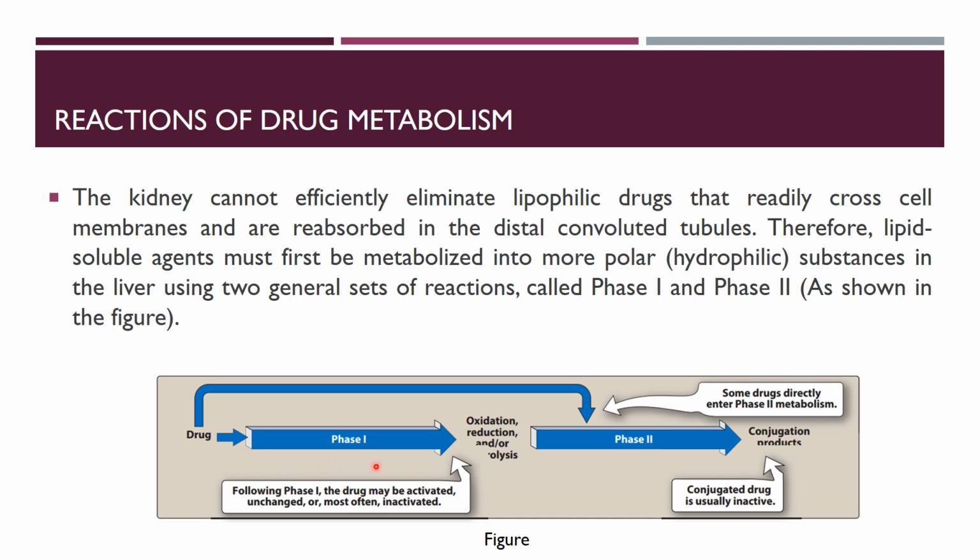Phase 1 reactions include oxidation, reduction and hydrolysis. Phase 2 reactions include conjugation products. Some drugs directly enter phase 2 metabolism. Conjugated drug is usually inactive. While following phase 1, the drug may be activated, unchanged, or most often inactivated.